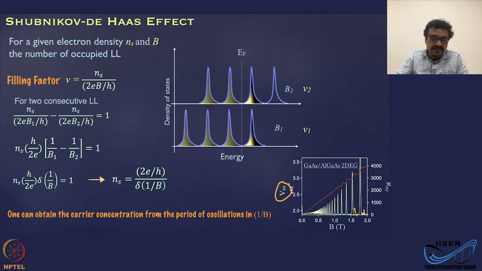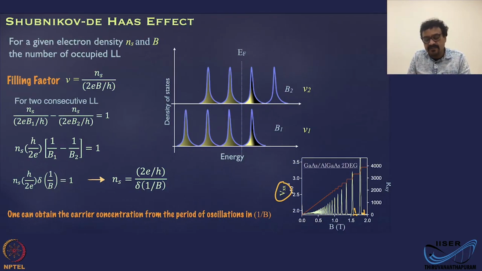So from that, you can rearrange the terms and get a condition for the carrier concentration n. n is something which is constant, which we are not varying. We will get 2e by h divided by delta of 1 by B. So by looking at the dips in this oscillation, you can calculate the carrier concentration directly using this formula.